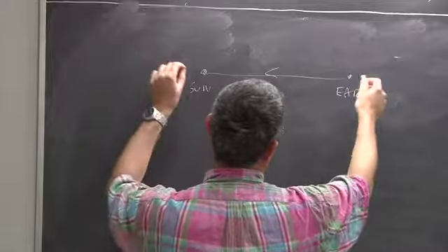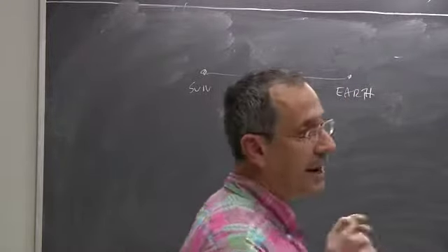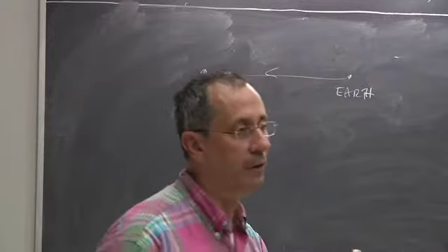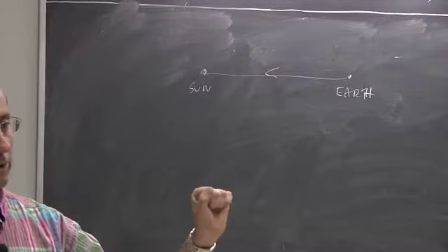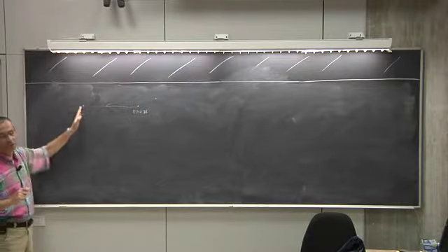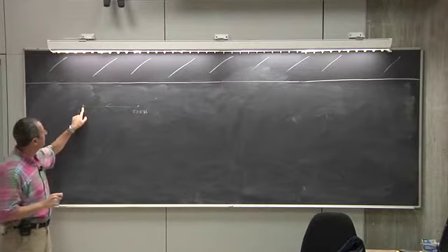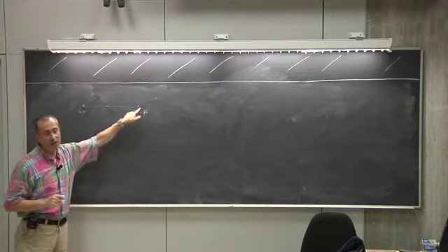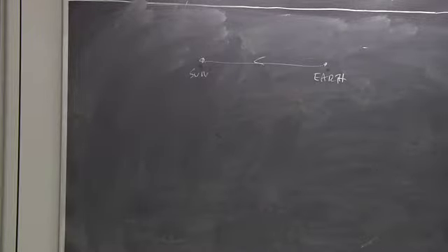There is a force, and I only assume that the force between these two bodies is central. By central, I mean a force that only depends on the relative distance of these two bodies, okay? So it does not depend on the velocity, it does not depend on anything else, it just depends on how far this body is from the other one. This is, for us, from now on, what we mean by a central force, okay?